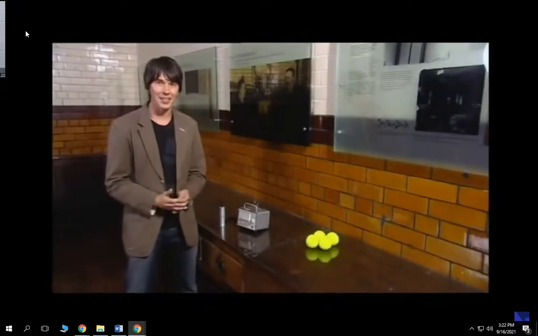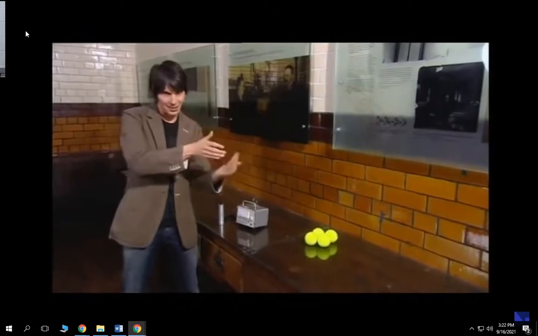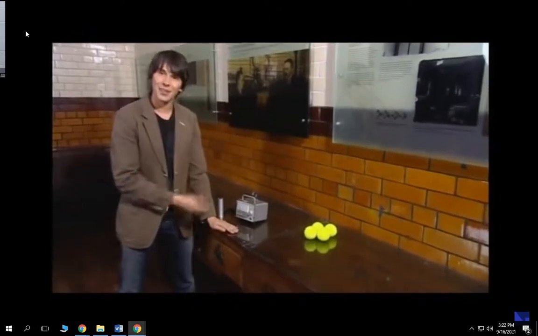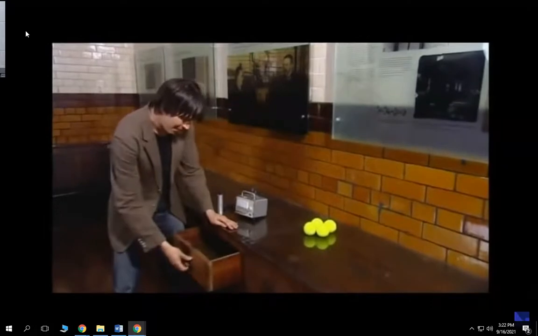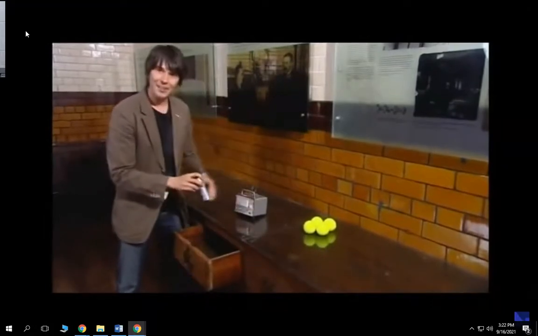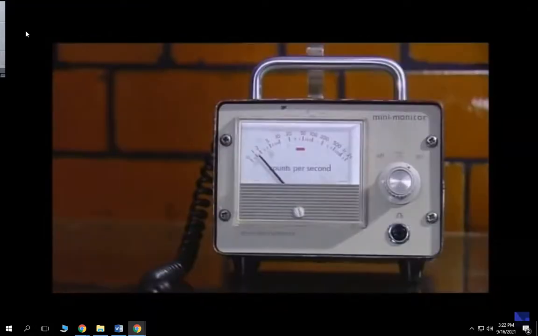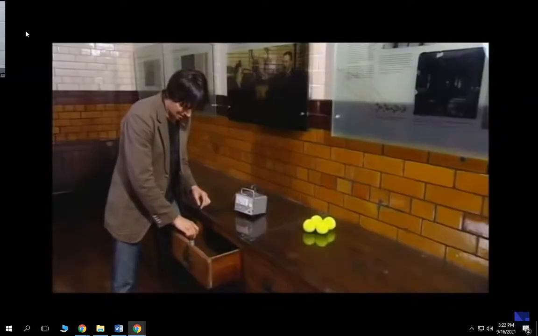Now, of course, in Rutherford's day, there was no such thing as a particle accelerator. So he used the decay of radioactive elements to produce his beams of particles. This is Rutherford's original desk. And in fact, if you hunt around a little bit, you can detect traces of radioactivity 100 years later.